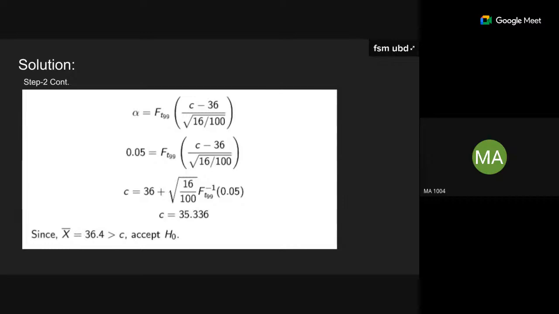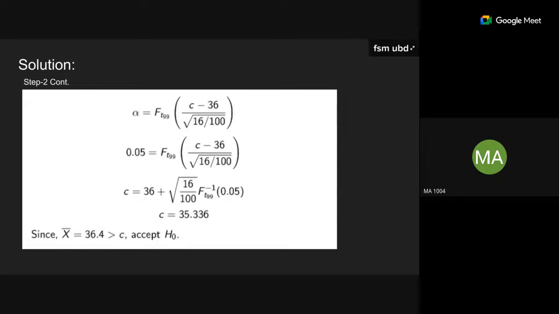Now if I take the inverse and move the denominator and the 36 to the other side, I get C equals 36 plus root over 16 by 100 times F inverse of t99 of 0.05, and this is given in the question. It is a negative value, so we will definitely get 36 minus something, which is 35.336.